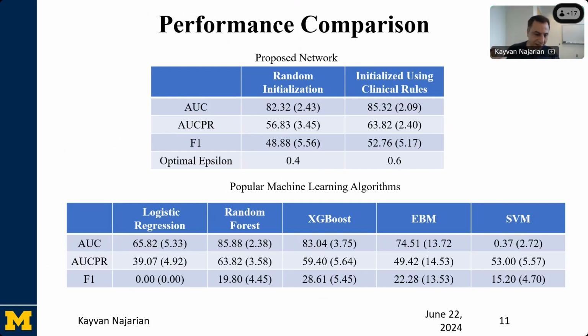Second thing, and I would say this is a very significant factor, and I will show that here, is that when we are working with regular neural networks, machine learning, we start by initializing them randomly.